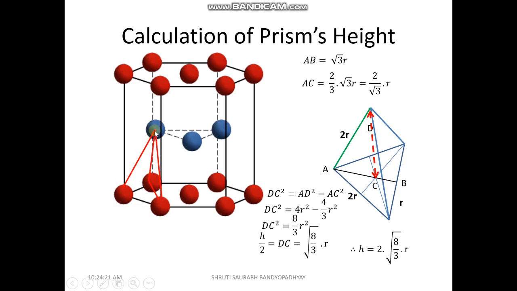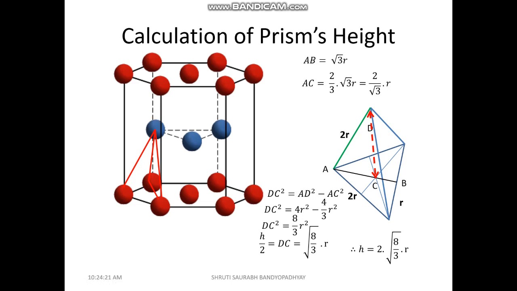So this is the pyramid here, and if we want to find out the hexagonal prism's height, the height is divided into the height of two pyramids, this pyramid and the inverted one here. You see 1 2 3 4, this one is also a pyramidal structure.